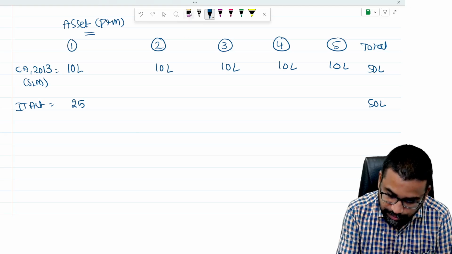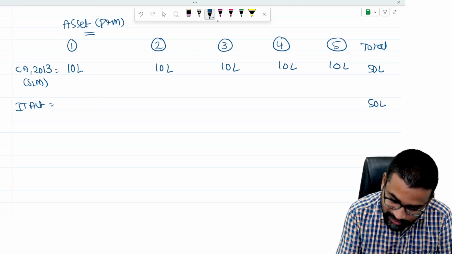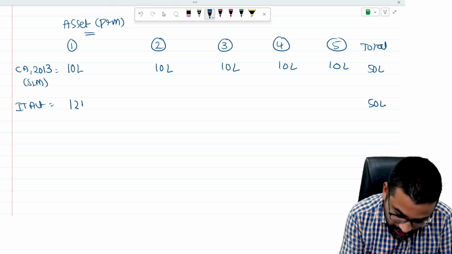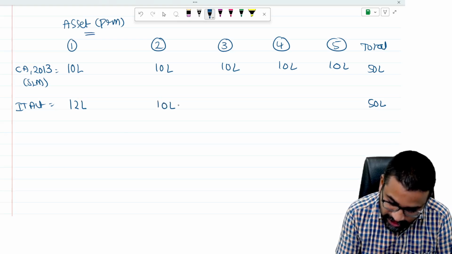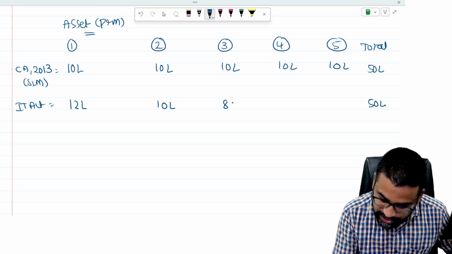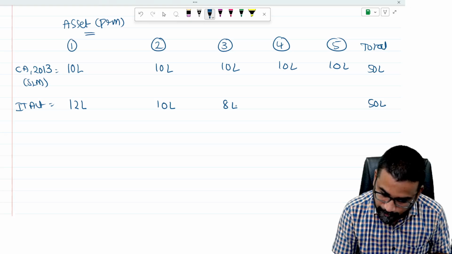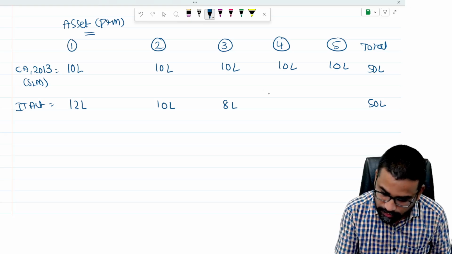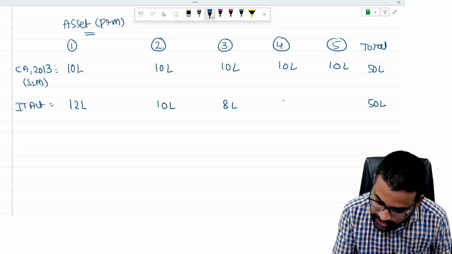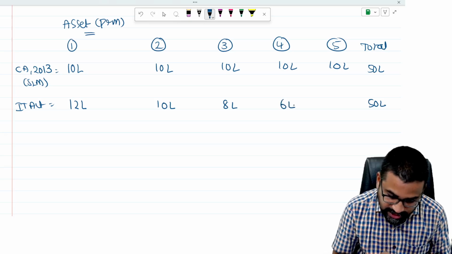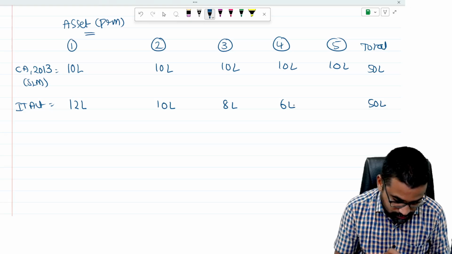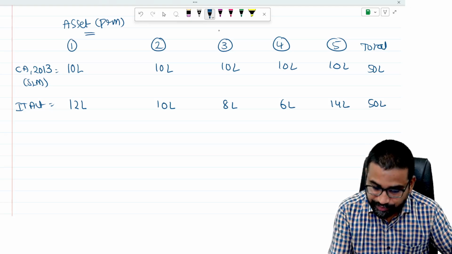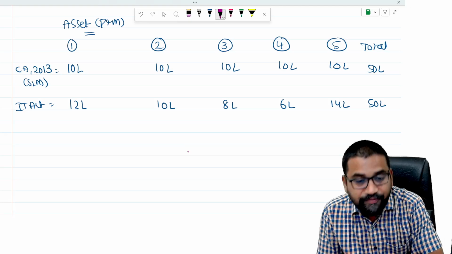Suppose for example first year depreciation 12 lakhs, sir, I am taking 12 lakhs, second year depreciation 10 lakhs I am taking, third year depreciation 8 lakhs, fourth year depreciation 6 lakhs, and balance is provided in the last year, 14 lakhs.